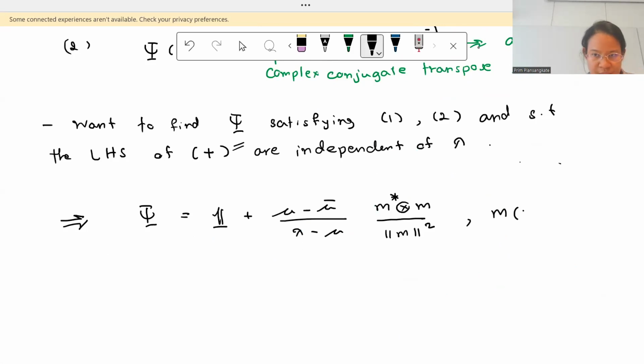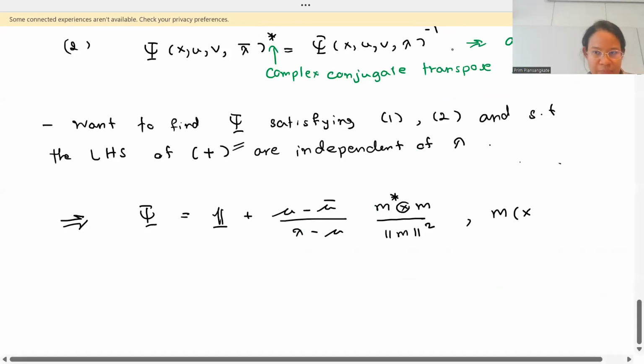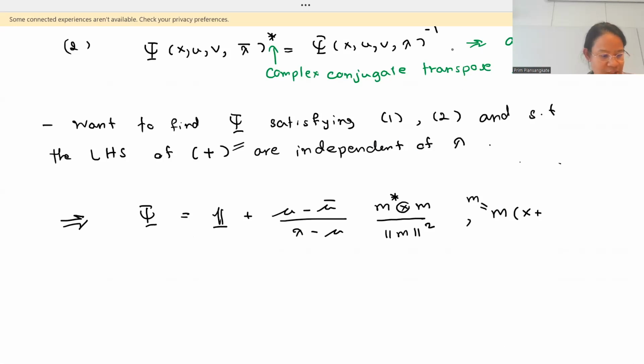So m is a function of one variable, the combination x plus mu u, where mu is the complex constant, which is the pole, plus 1 over mu v. And so any psi like this satisfies the Lax pair.